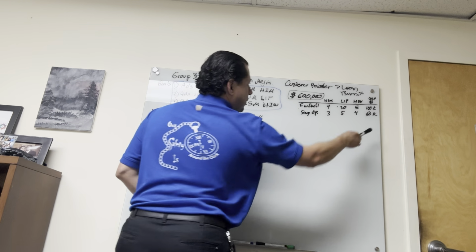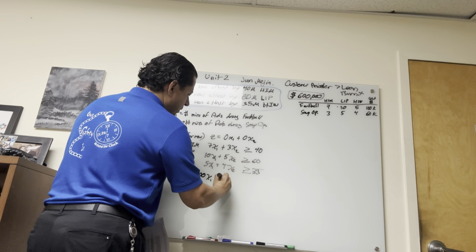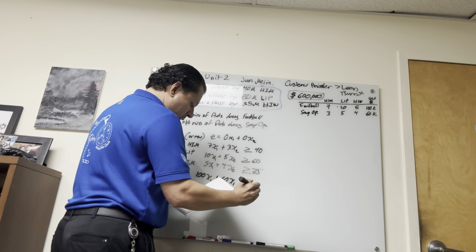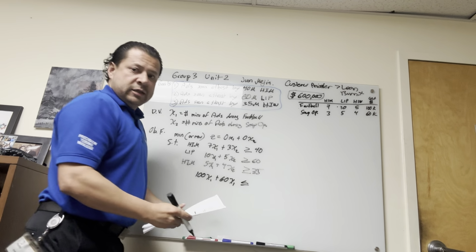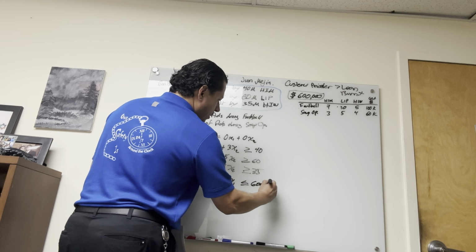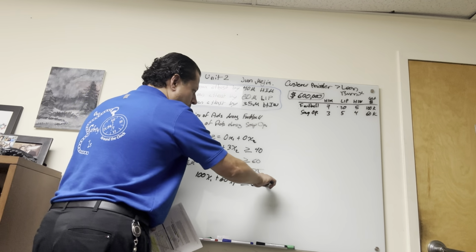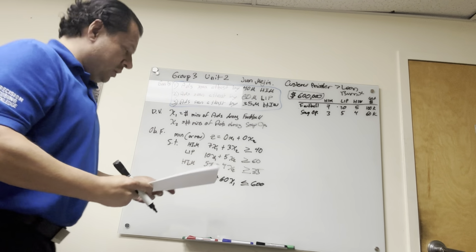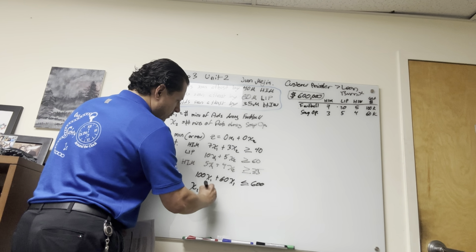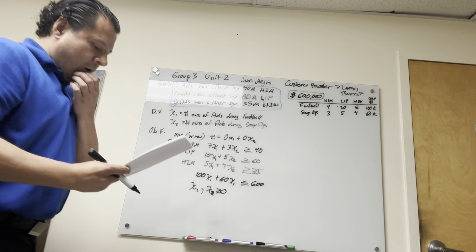If we look at the cost, that 100K of the football plus the 60K of the soap operas has to be less or equal to the 600,000 that we have in the budget constraint. And then of course we have the non-negativity, that all our decision variables have to be greater or equal to 0.